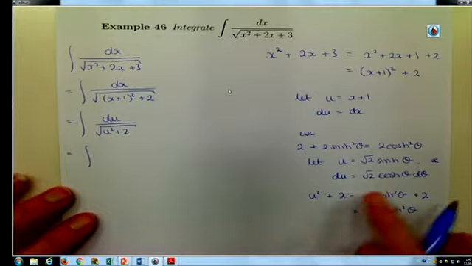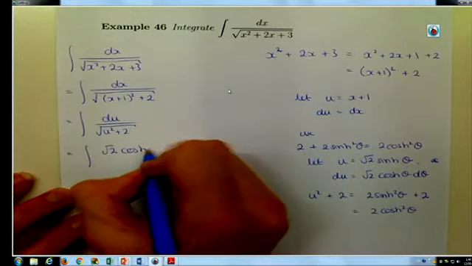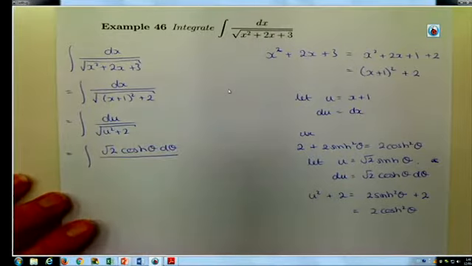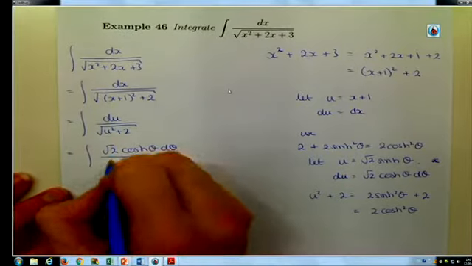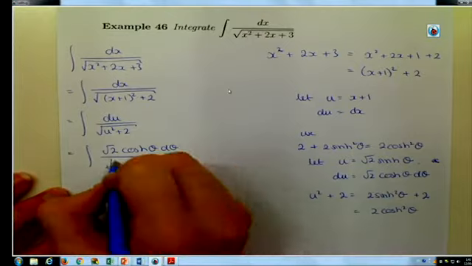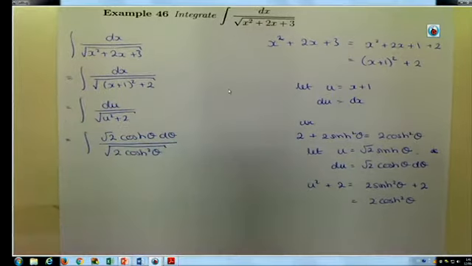All right, du, what have we got? Square root of 2 divided by... there we go. All right, and you can straight away see this is going to cancel out nicely.